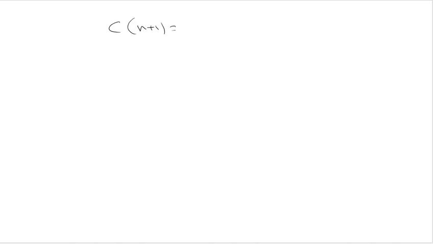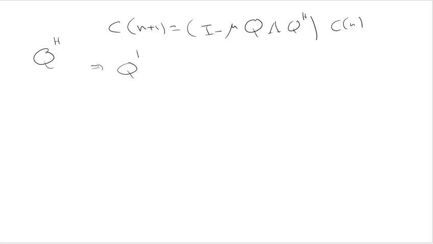Cn plus 1 equals I minus mu Q lambda Q Hermitian Cn. Multiply both sides from the left with Q Hermitian. So we have Q Hermitian Cn plus 1 equals I minus mu lambda Q Hermitian Cn.